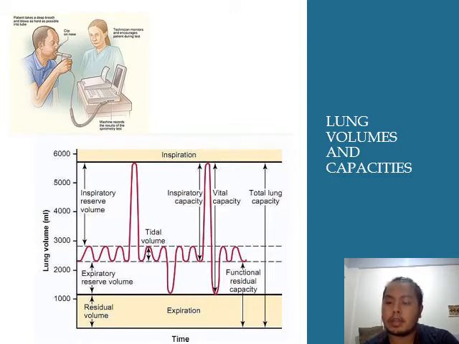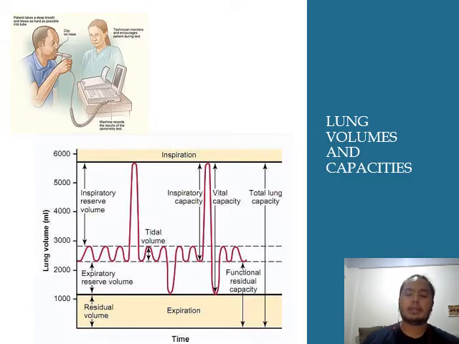Tapos, vital capacity, yan yung gamit na gamit kapag nag-training kayo. Kasi it's the combination of your inspiratory reserve, tidal volume, tsaka expiratory reserve. Say, when you're doing forceful breathing kasi, lalo na kung pagod na pagod kayo sa exercise, diba? Yung initiation ng breath nyo, whether inhalation or exhalation, yung first 500 ml niyan, tidal volume na.